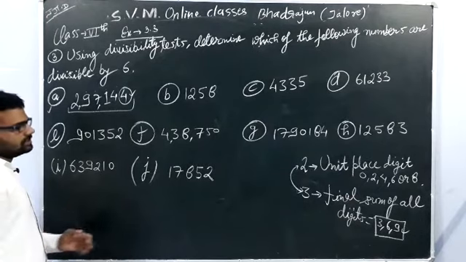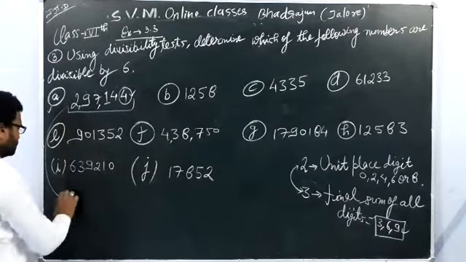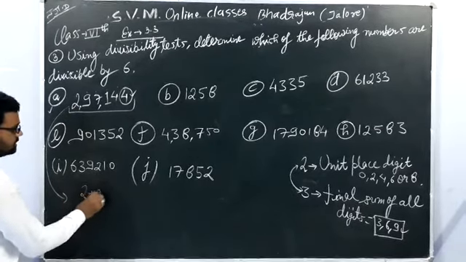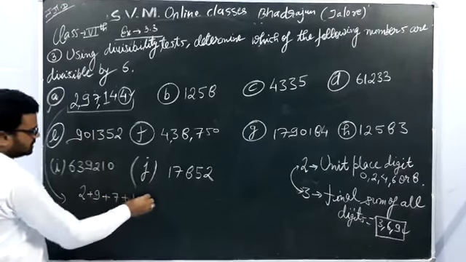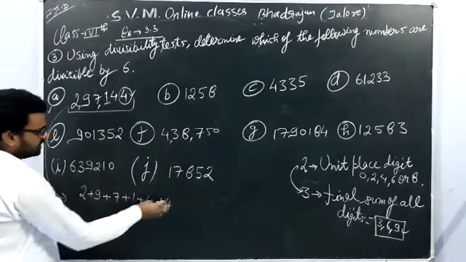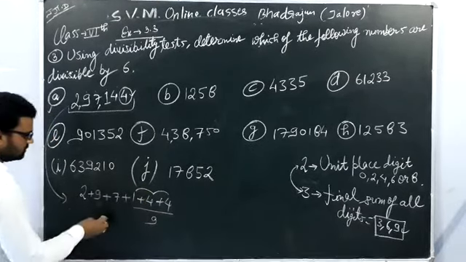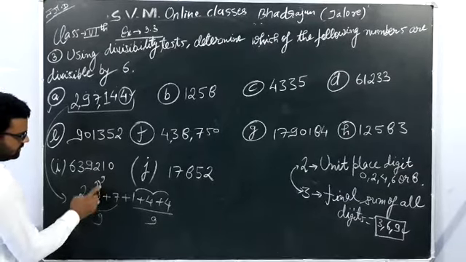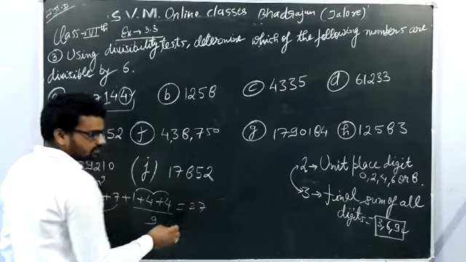Now we will check the divisibility rule of 3, and for that we have to add all the digits. So 2 plus 9 plus 7 plus 1 plus 4 plus 4. Here 1 plus 4 is 5, 5 plus 4 is 9. 2 and 7 is 9, and this is also 9. When 9, 9, 9 add up, it gives us 27.